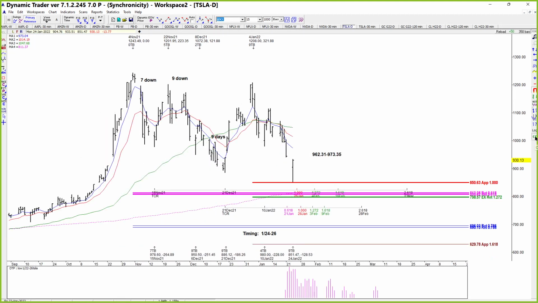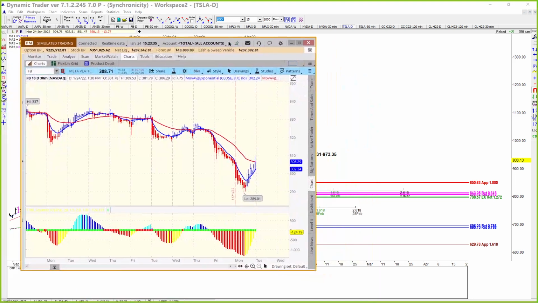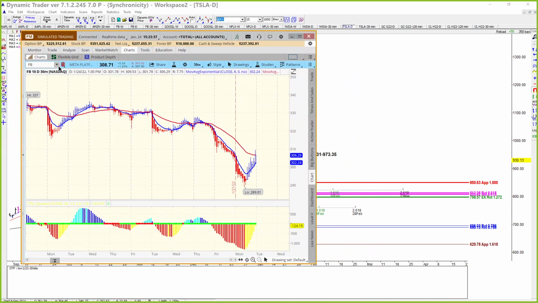And what else do we have? Timing. Okay, if you watch the end of day videos, then you know when I have timing. So that's something you definitely want to do. Otherwise, you will not be fully prepared for the next trading day. So in this case, it tested and held.